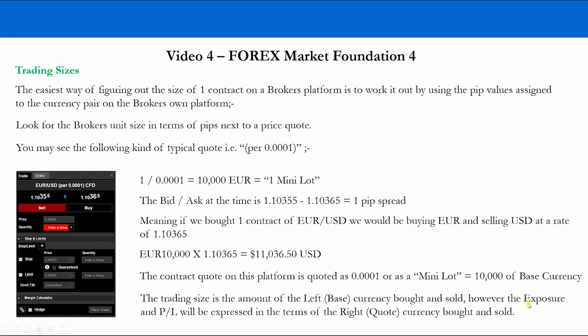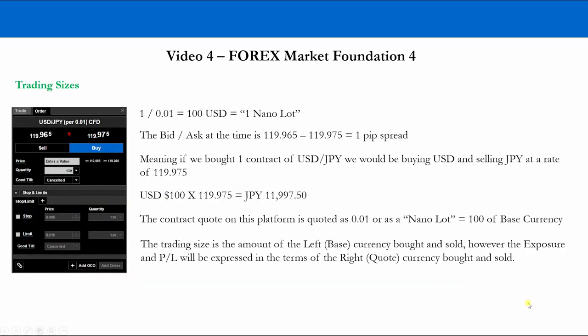Another example, so let's have a look at a lot smaller situation, a nano lot. If we're looking at dollar yen, for example, we can see that the pip value here is 0.01. So 1 divided by 0.01 is 100 US dollars.